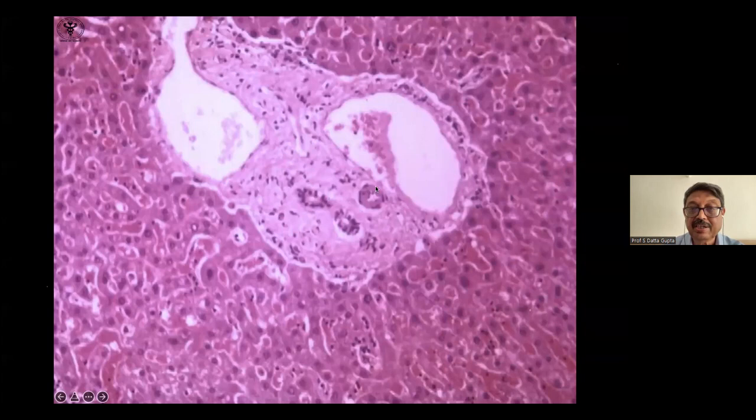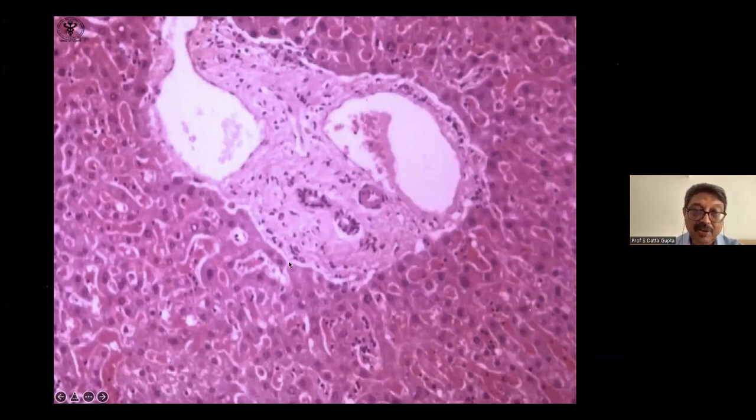So it's very near. In fact, if you take the diameter of an arteriole and go all round, you're likely to hit a bile duct somewhere there. And the diameter of the arteriole and the bile ductule here will be almost identical. So if you want to find a bile ductule, you have to search for an arteriole. And the larger one is the portal vein.